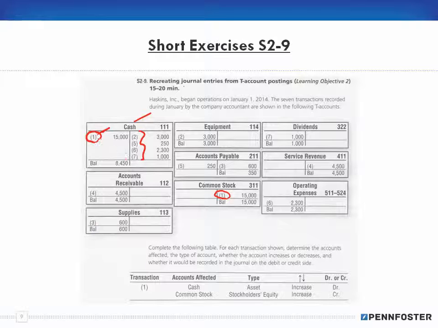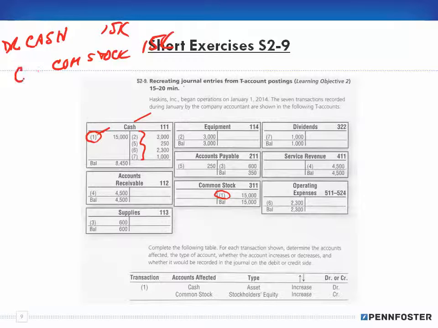So by looking at these numbers, I have a number 1 in cash, so I have a cash debit for $15,000. When I look for the other number 1, that's in common stock, and that amount is for $15,000, and I see that's a credit, because it's on the credit side.